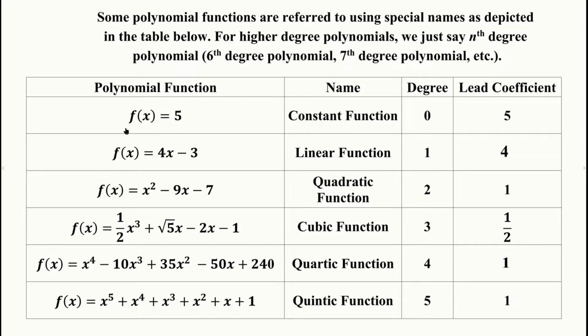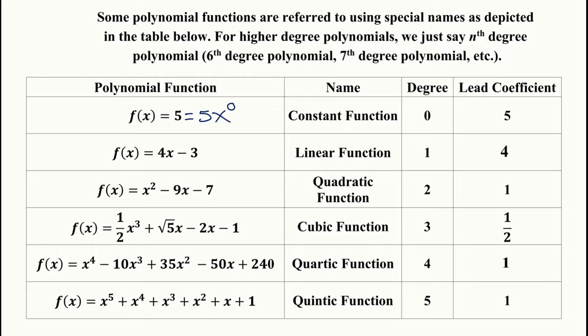So in the first row here we have a constant function. Notice there is no variable here, just a constant. The only variable you can think of being there is the 0th power of the variable x. But of course, notice that we are using x here for simplicity and out of habit, but you could have used any letter you wanted for the variable.